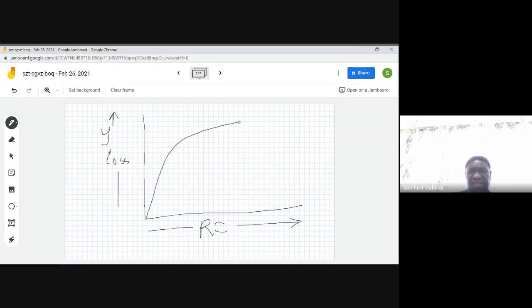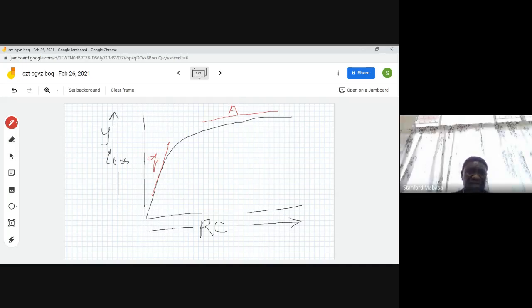And we still get this rectangular hyperbola. We still have our A here, maximum yield loss. And we have our Q here.